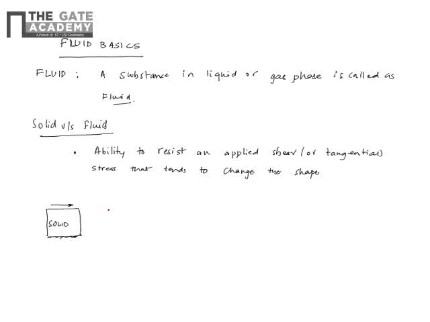It basically, the solid deforms something like this, right? Okay, so when a constant shear force is applied, say you are applying a constant shear force on a solid, it deforms to a certain angle and then it stops, right?